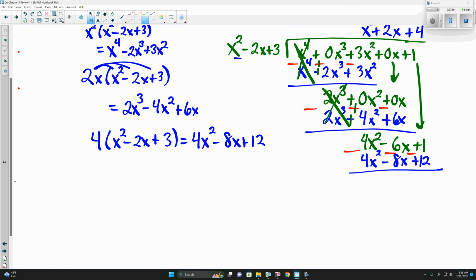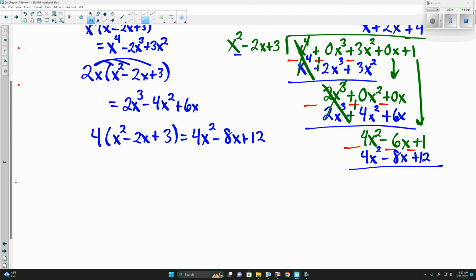And last but not least, we will subtract. Our 4x squared minus 4x squared is indeed 0. Negative 6x minus negative 8x. Well, the negative negative would make a plus. Negative 6 plus 8 is going to be positive 2x. 1 minus 12 is negative 11.